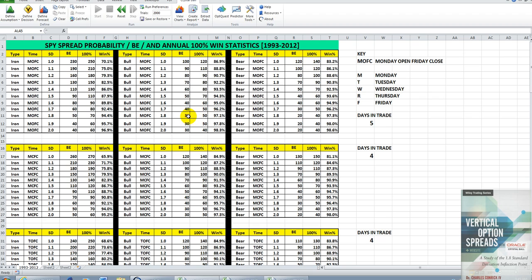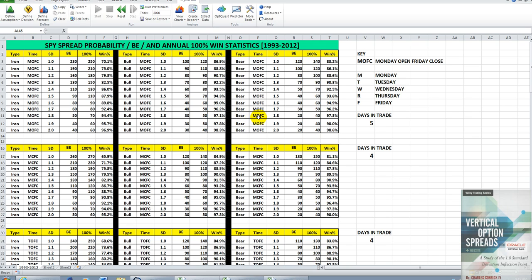My break even would be 30, and for my 100% win rate I'd need to make 5% on the trade. So if I traded 10 calls, I'd need to make 5 cents. My risk would be 95 cents. So it's a risky trade, very risky. But is it, with the probability as high as it is?